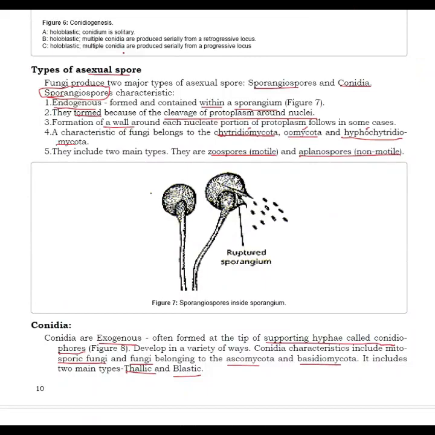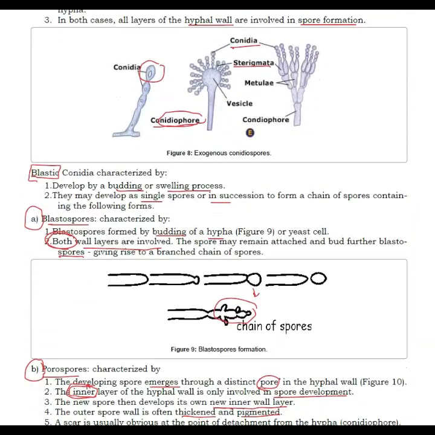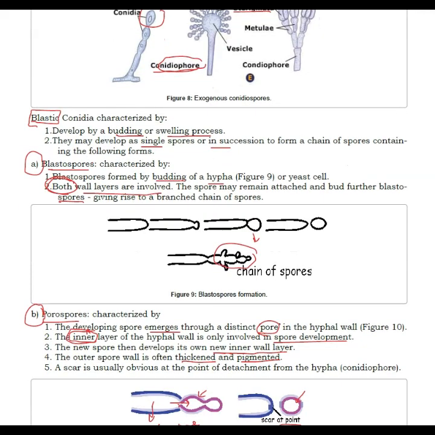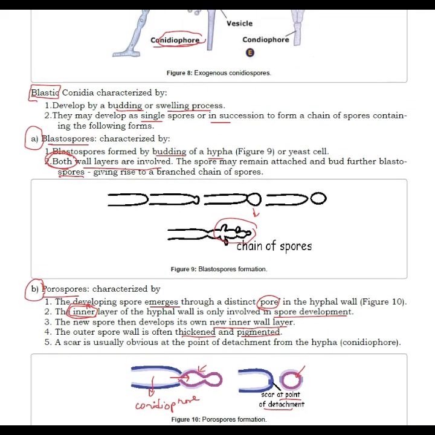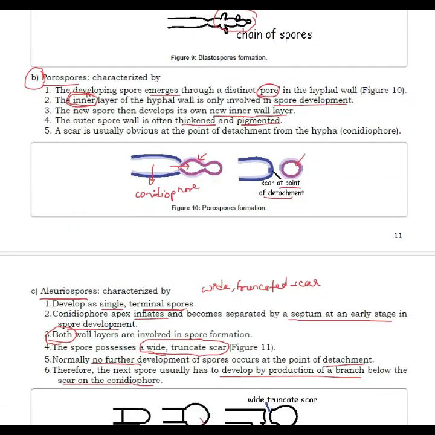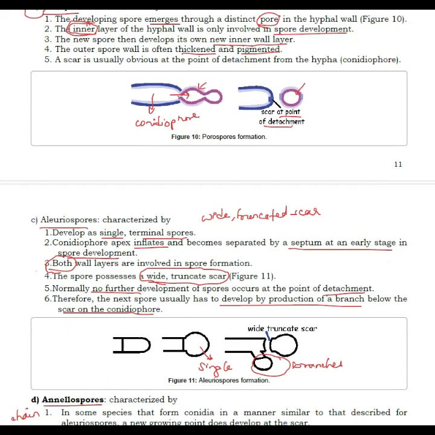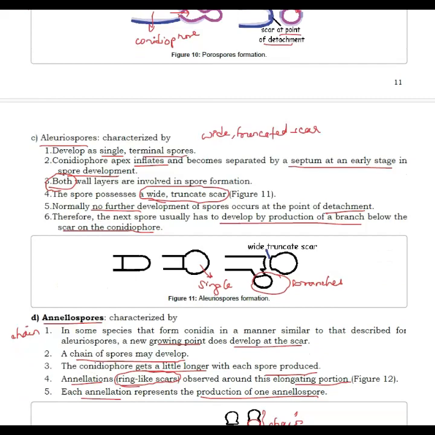And there are different types of asexual spores. We studied conidia, and then thallic conidia and blastic conidia. Blastic conidia are characterized by several types, like blastospore, porospore, where the spore is formed only from the inner layer of the hyphal wall. Then aleurospore, where a single terminal spore is formed, and then a second spore is formed from the next spore below the truncated region.